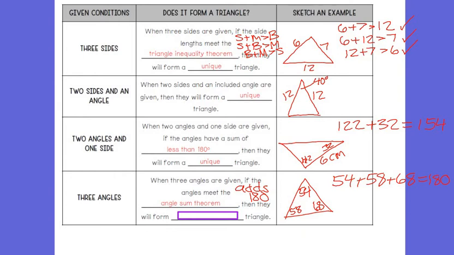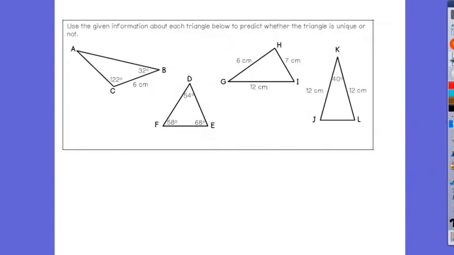Okay, here's where the issue comes into play. Here's triangle DEF. You see my triangle DEF on my board?